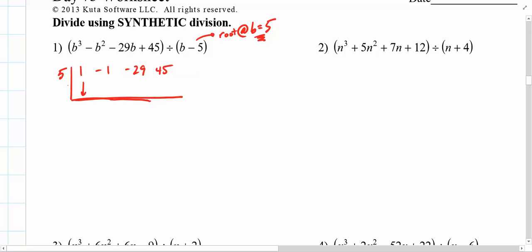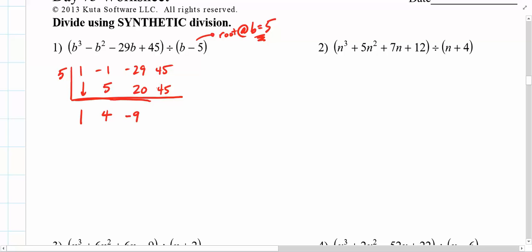That's why we're using a +5 on the outside. So I bring the 1 down, this first number in our L chart, straight down, and I start multiplying 5 times 1. And I add these two together. -1 plus 5 is 4. Multiply these two. -29 plus 20 is... oops, and I should be careful here. -29 plus 20 is -9.